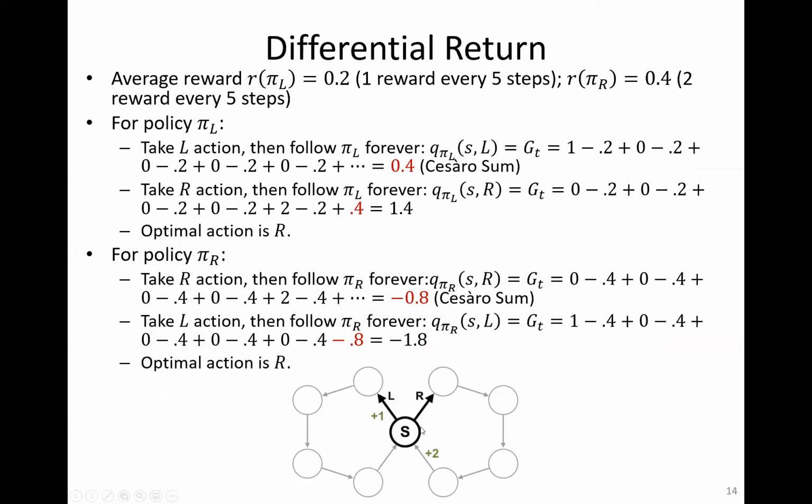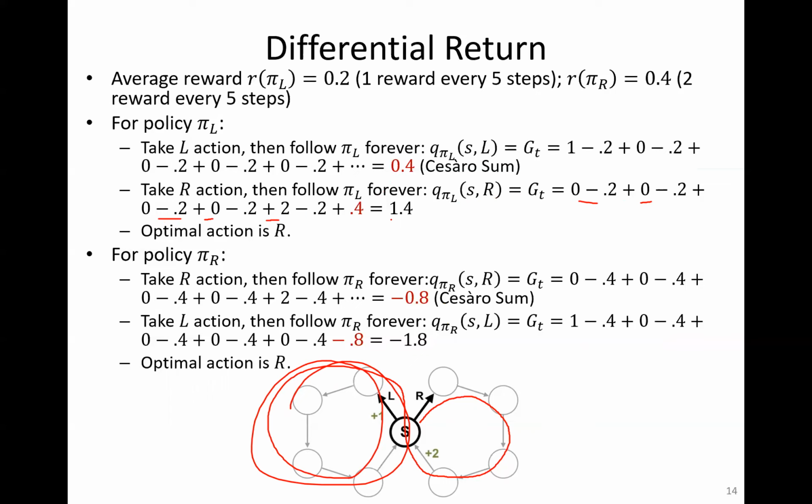But you only have a choice at the state S. You don't have a choice at the other states. So you take the right action for one circle, and then you go around the left circle forever. Its reward is 0 initially, then 0, 0, 0, 0, and then you get a 2 reward. And finally, you follow the left policy, follow pi L, which is computed as 0.4.